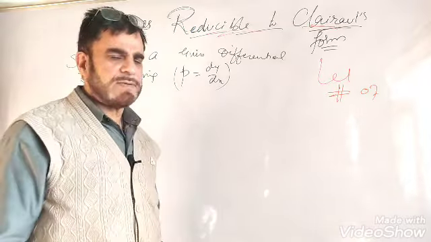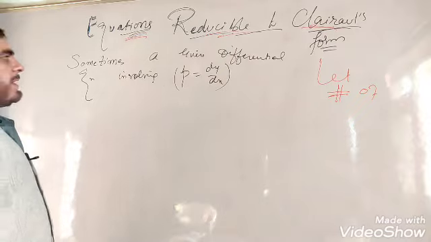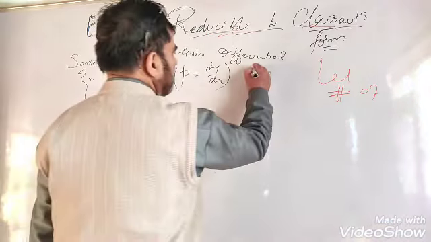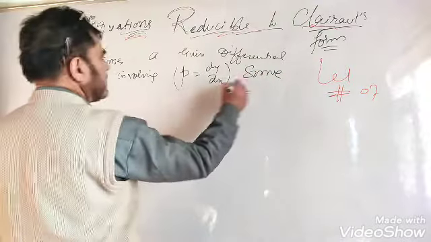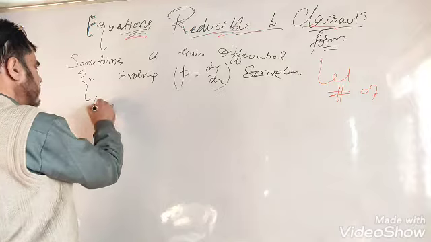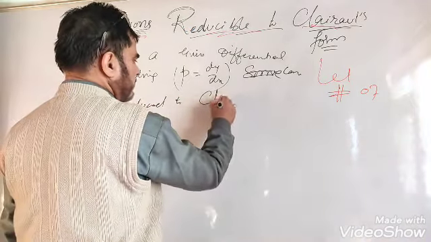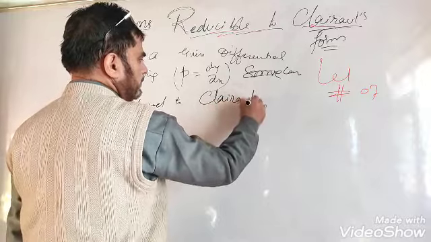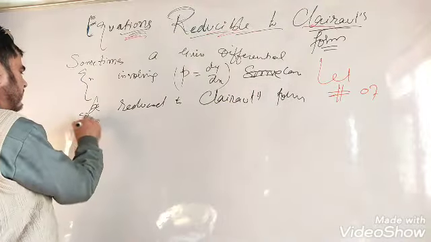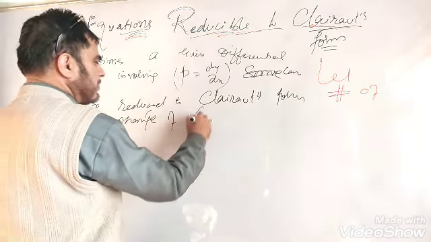If it is unmentioned, we assume P is equal to dy by dx. A given differential equation involving this sometimes can be reduced to Clairaut's form by change of variables.